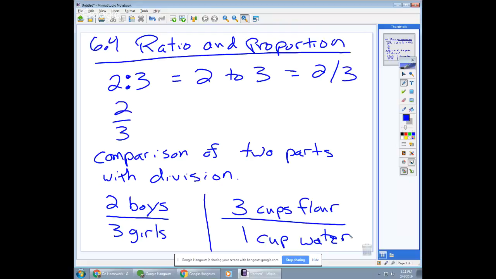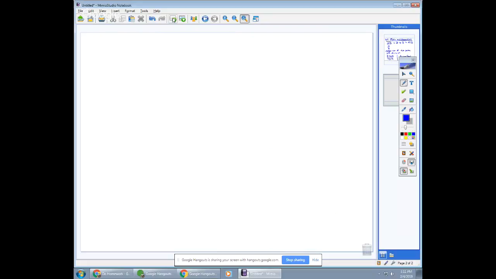You can chain 2, 3, 4 of them together. It looks kind of weird fraction-wise, but ratio-wise it makes sense. So we're mostly going to stick with a ratio of 2 things because it makes sense as a regular fraction. But you could have a multi-ratio, something like 3 to 1 to 1 again.